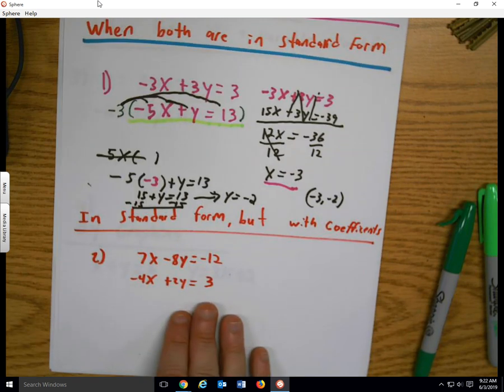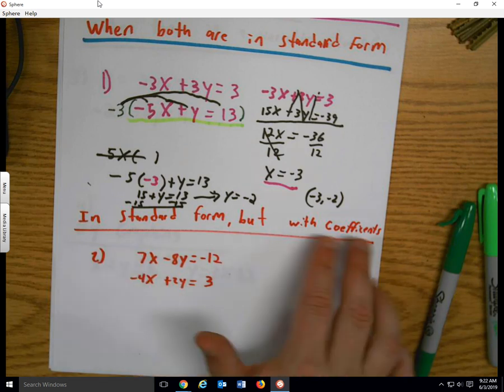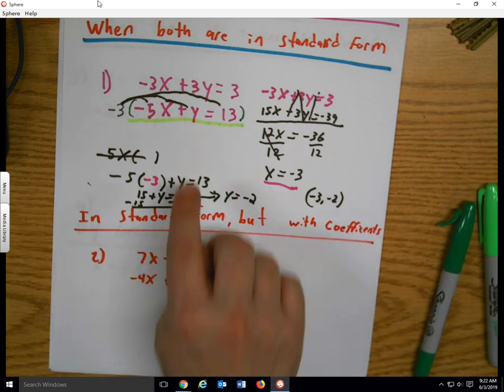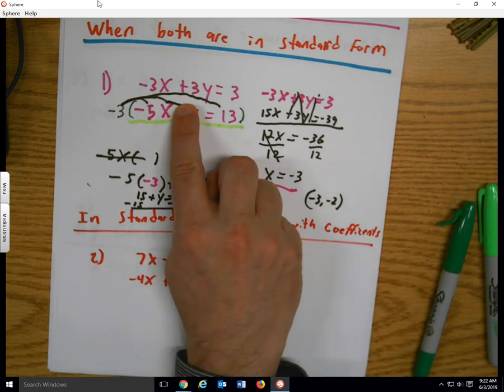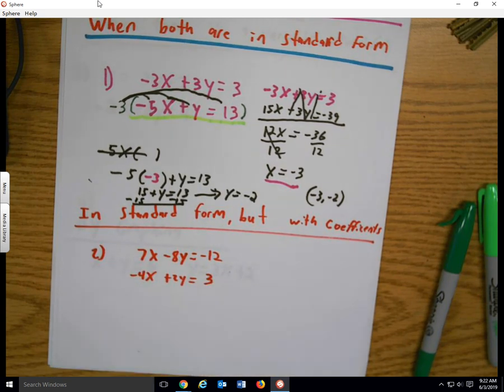Now, what if it's in standard form, but it has coefficients in front of each one? See how this y didn't have a number in front? Look at this. They both have coefficients. It's still done the same way. You want opposites.